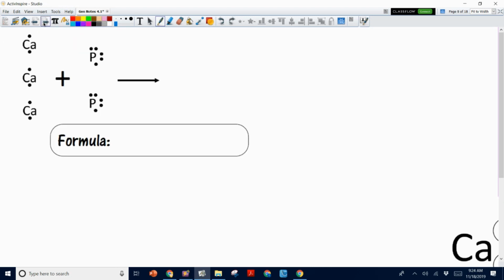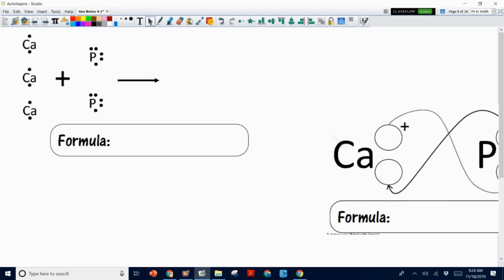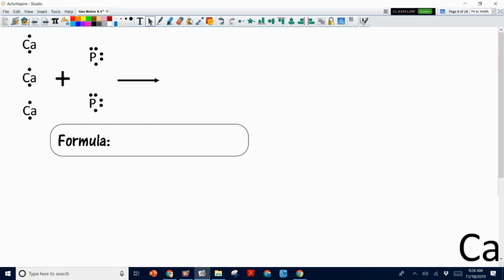Okay. All right, and so if we were going to draw that out using electrons, that's the swap and drop. So let's look at what happens here with electrons. And sometimes on tests it asks you to show this out. So we're going to have this one come over here.